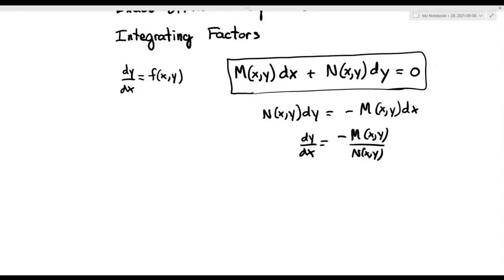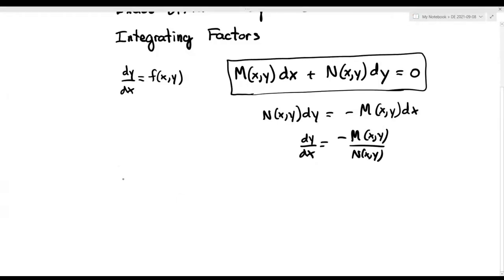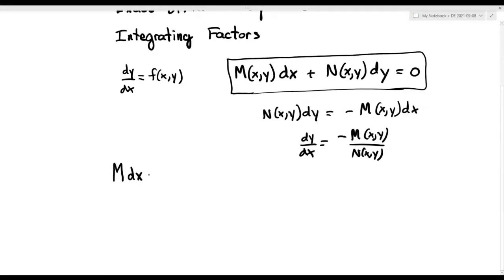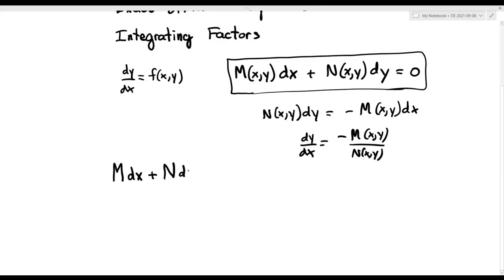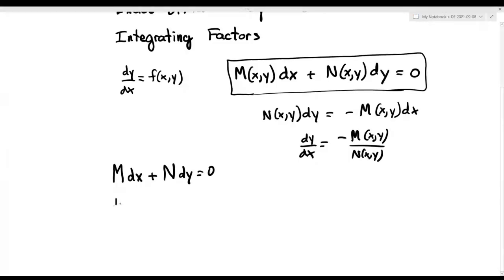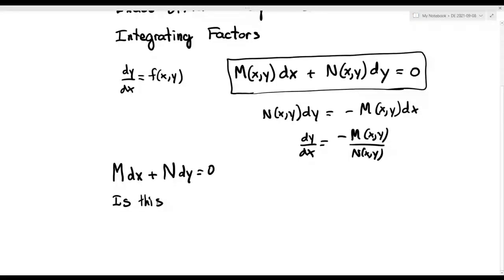So the idea is that, and from now on, I'm going to write M times dx, where it's understood that M in general is a function of x and y, and N is a function of x and y. We're going to check whether this differential equation is exact.